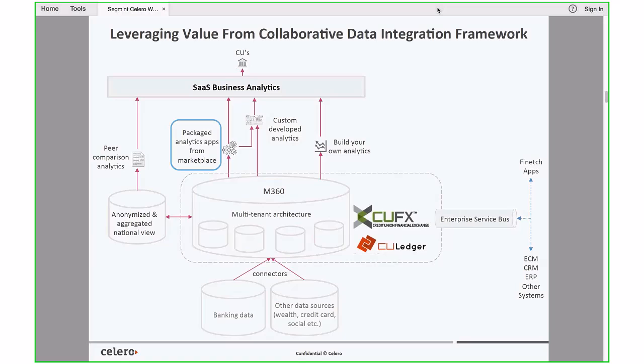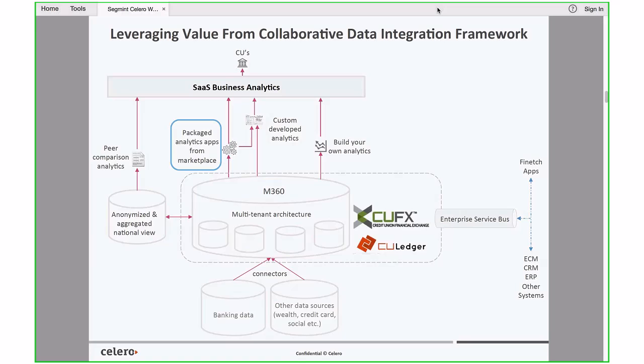It's very easy to bring on a packaged analytics app from the marketplace, plug and play, and provide niche capability rather than us trying to develop those solutions from scratch. So that's where architecturally a solution like Segmint would fit into the overall data integration framework that we offer today. That's a very high-level walkthrough of where a solution like Segmint would fit into the overall roadmap of Cellero's business analytics offering.